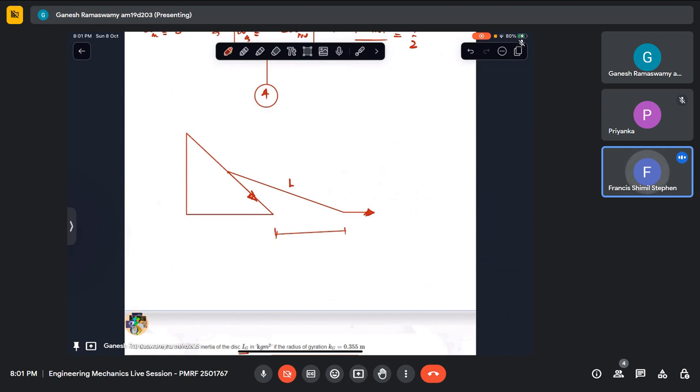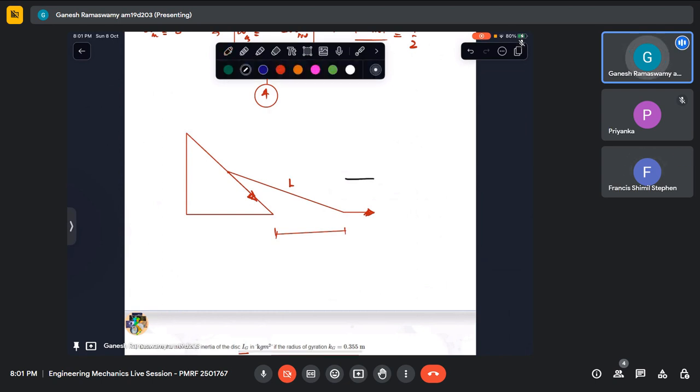I think I understood your question. What you mean is, if I were to fix a non-rotating translating axis to this point and look at this point from there, then I go through vector algebra and do omega cross r and find out the angular velocity of this. What you are asking is, if I know the velocity of this, can I directly find out this velocity without going through that vector algebra route?